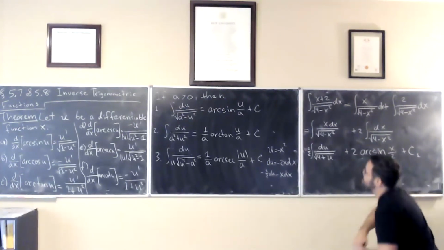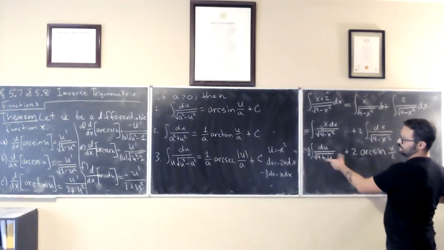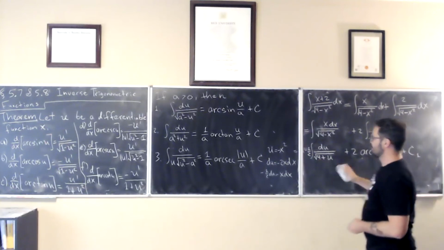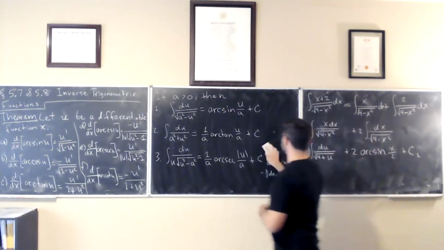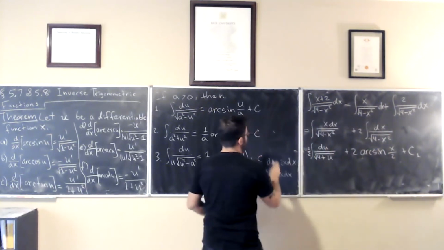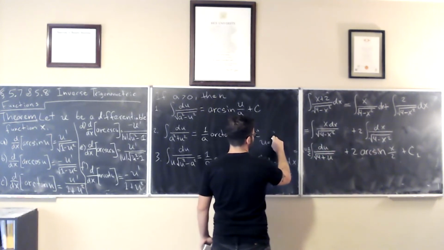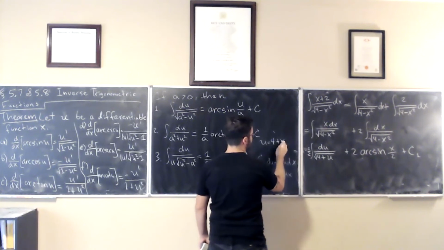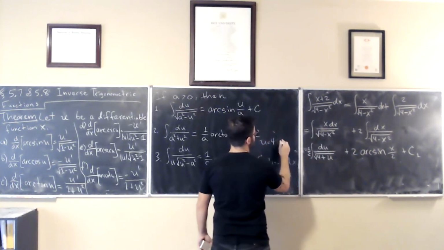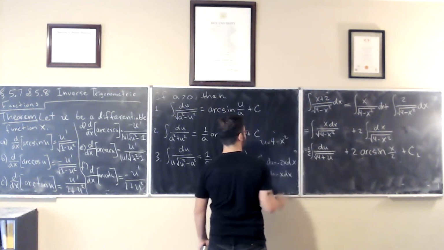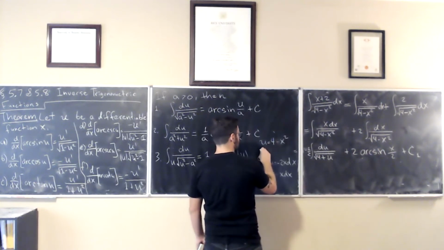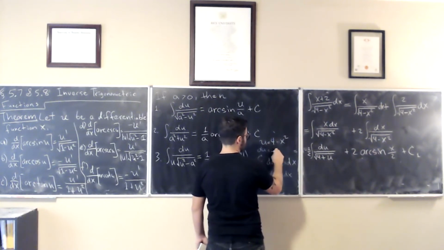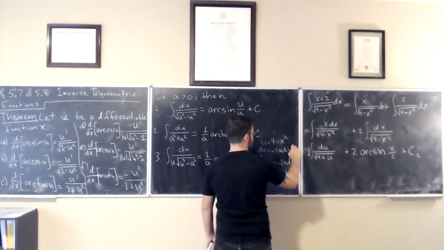Oh, it would be way easier to just let u be the whole thing in the bottom, actually. If u is equal to 4 minus x squared, then du is still equal to negative 2x dx.